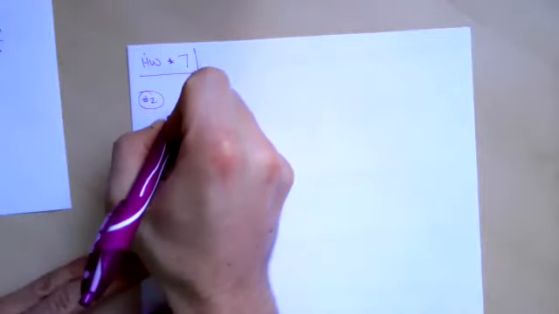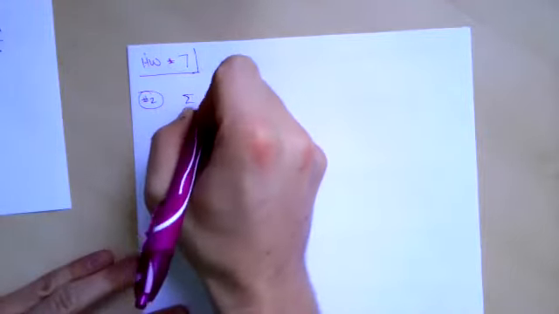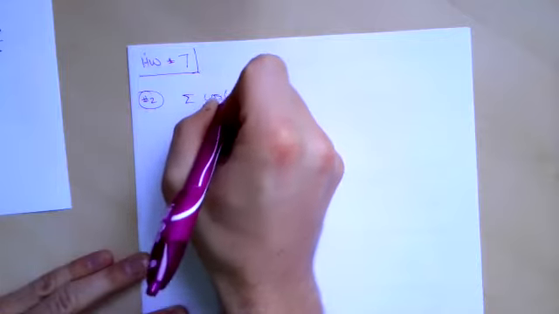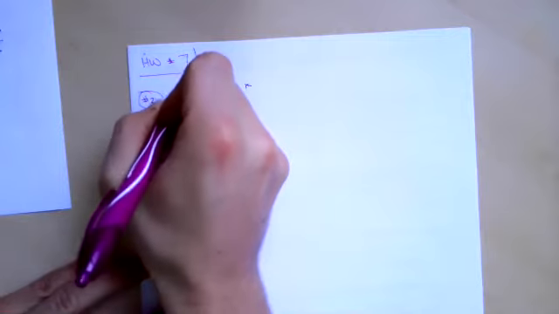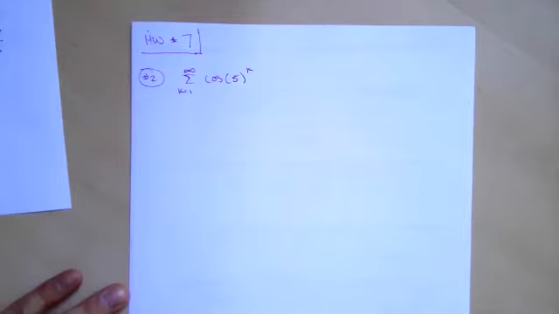So number 2. We've got cosine of 5 to the k. This one's a little tricky because it's not cosine of 5k.